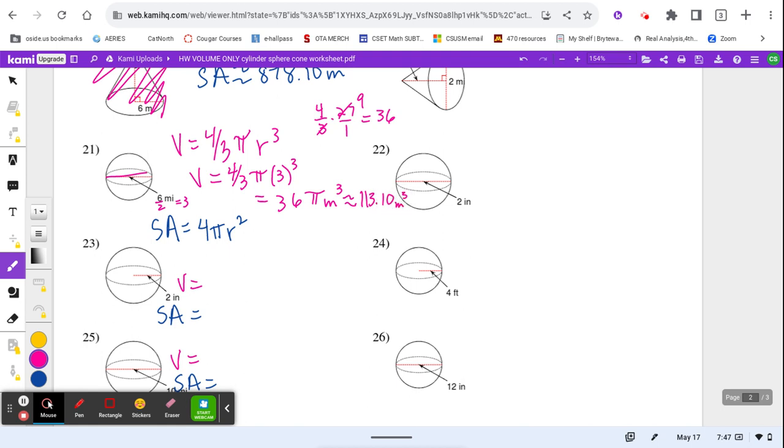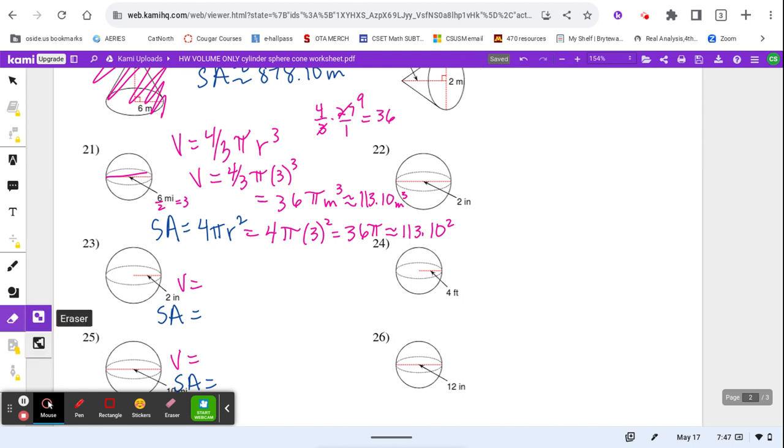Surface area is just 4 circles, 4 areas of the circle. So 3 squared is 9. 9 times 4. Interesting, the surface area and volume are the same for this one. Hang on, let me write this in blue.